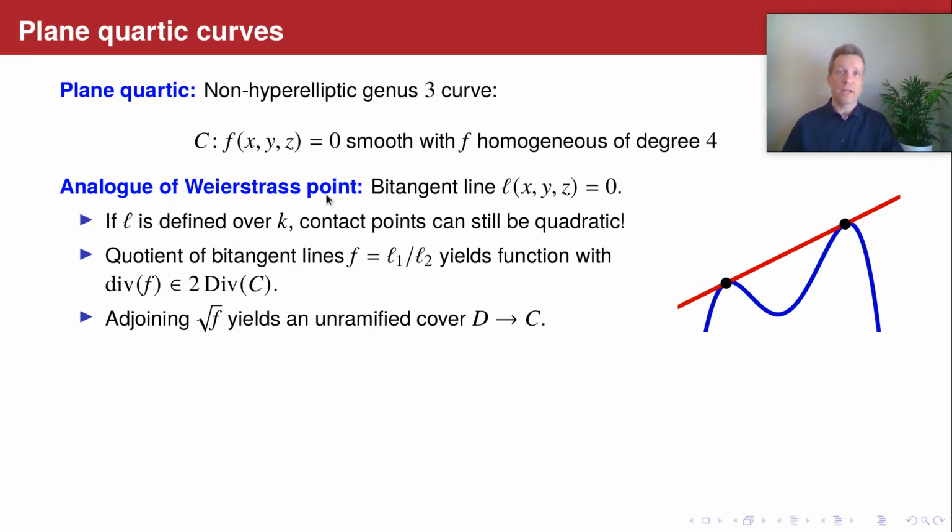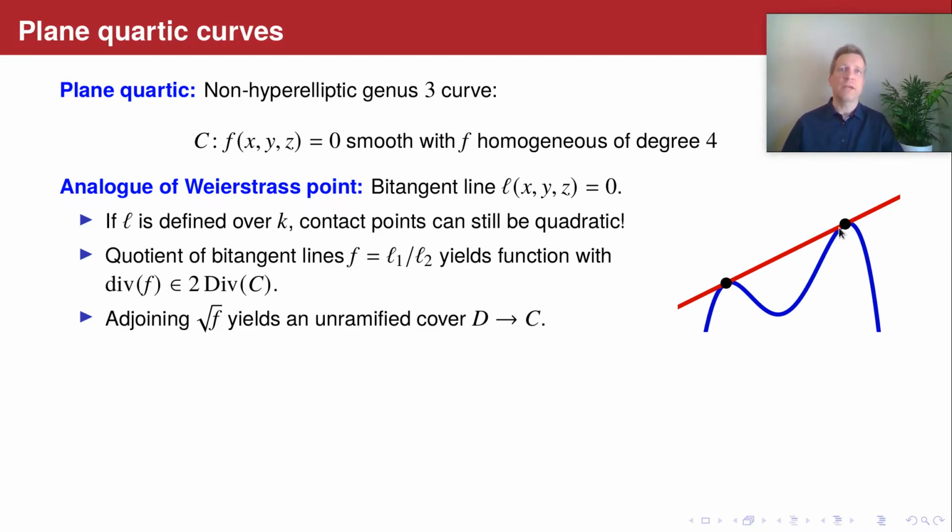The analog of a Weierstrass point in this case is played by a bitangent line. The equation in general is of degree 4, so a line would cut the curve in 4 points, but these points can coalesce into 2 points with multiplicity 2, in which case you'd have a line that's tangent to the curve in 2 points.